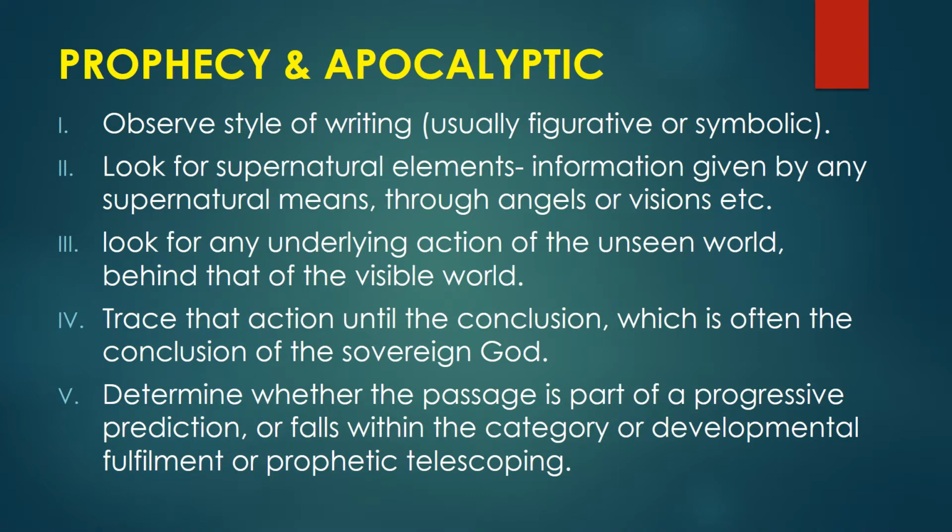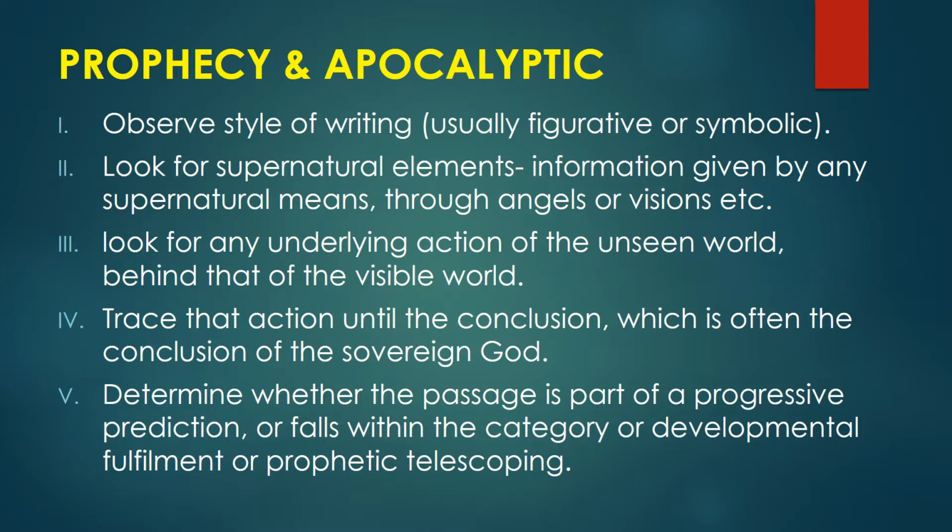With prophecy or apocalyptic writing, the first thing you want to do is observe the style of writing. Like the other types of literature, you approach prophetic and apocalyptic literature by doing the same historical, cultural, contextual, lexical, syntactical, and theological analysis.